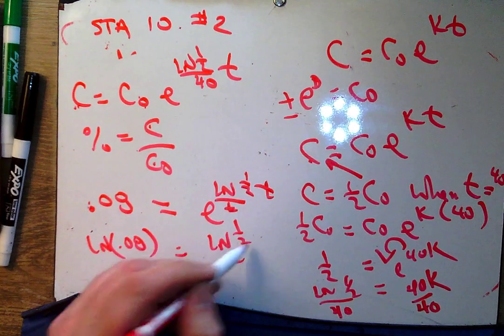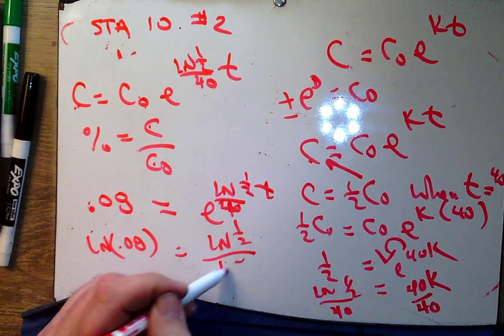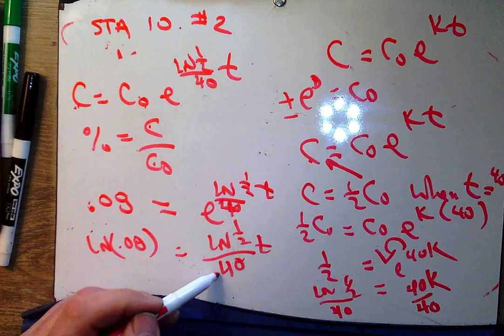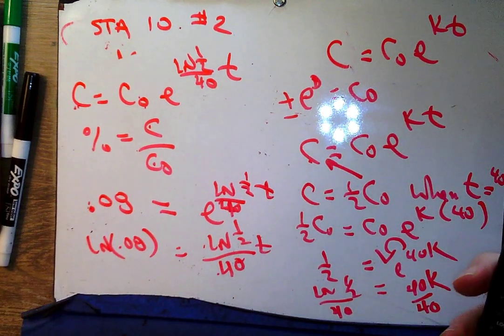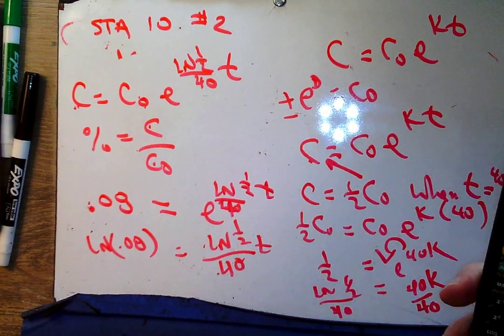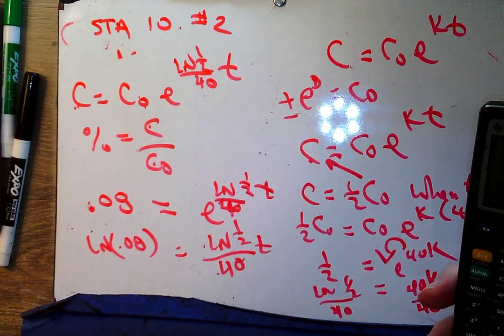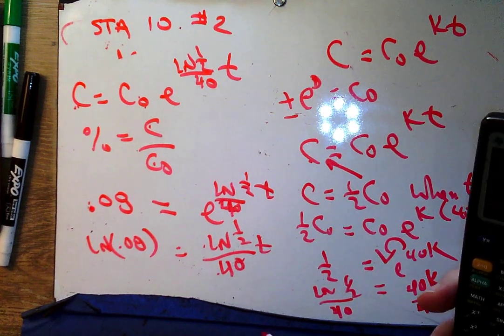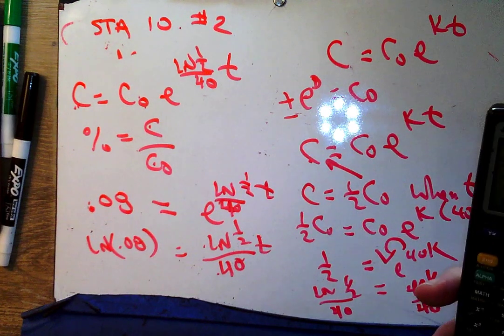It's ln of 1/2 over 40 times t. Okay, multiply both sides by 40, divide by ln of 1/2. So ln of 0.08 divided by ln of 0.5 and multiplied by 40.